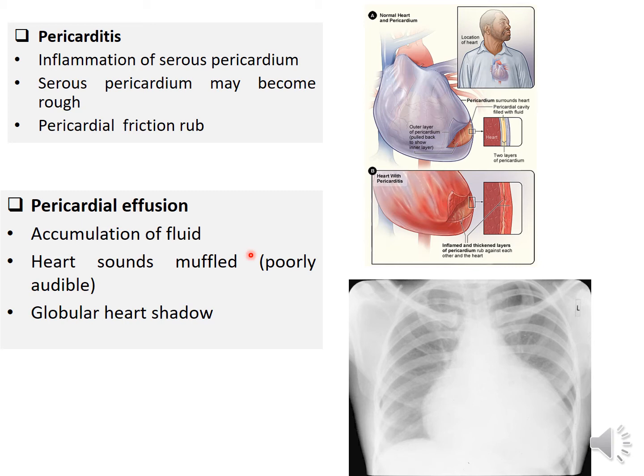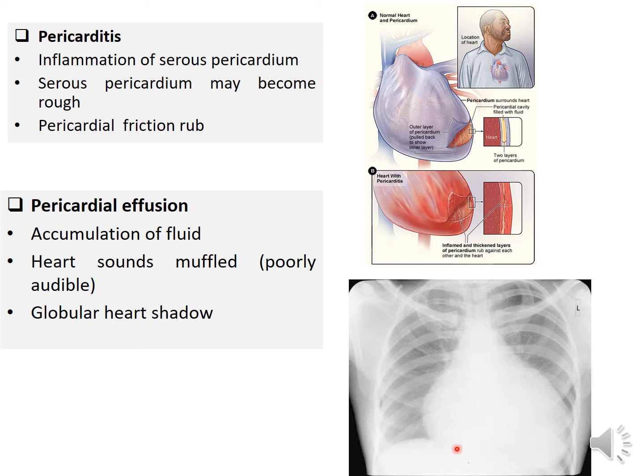There is another condition called pericardial effusion, where you can see excessive accumulation of fluid. Here you can see the chest radiograph with pericardial effusion. Due to the presence of excessive fluid, the pumping effect of the heart will be affected. This results in poorly audible heart sounds; you can say heart sounds are muffled in this condition.